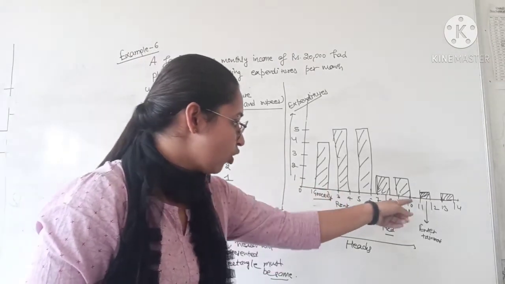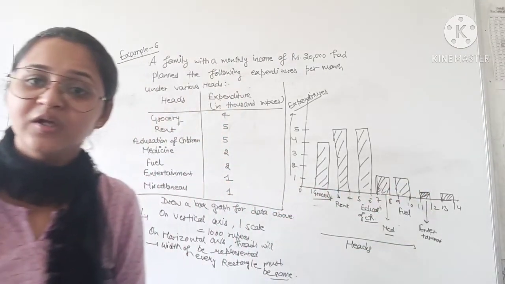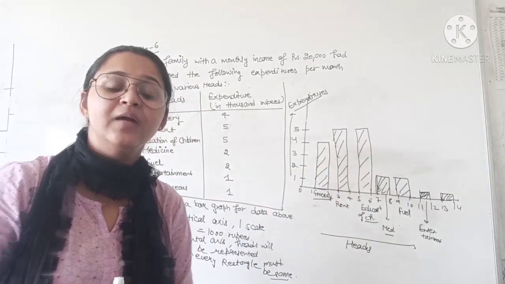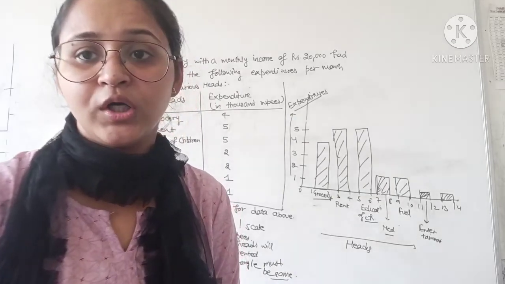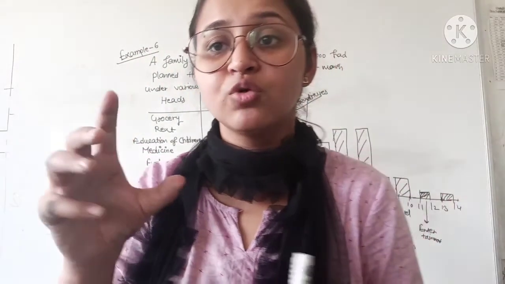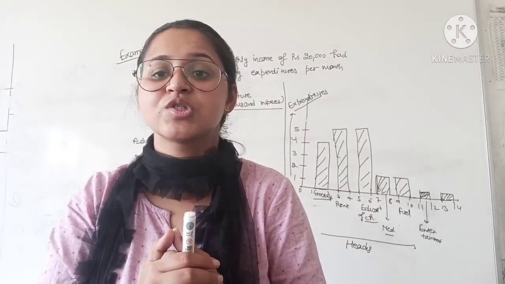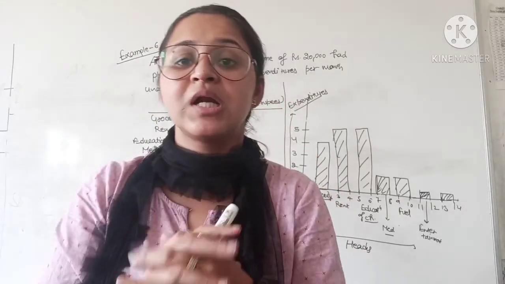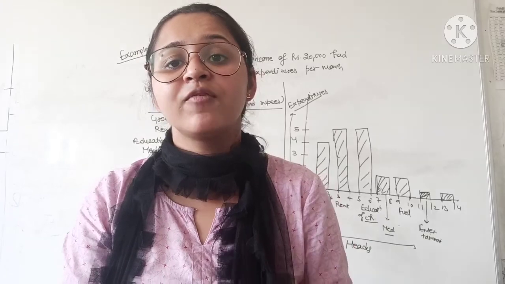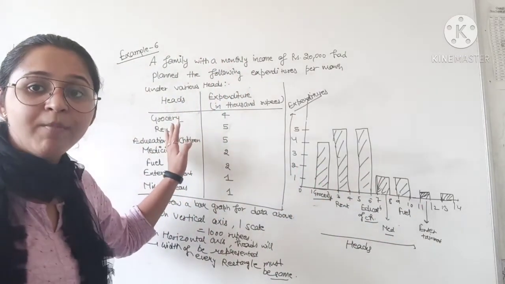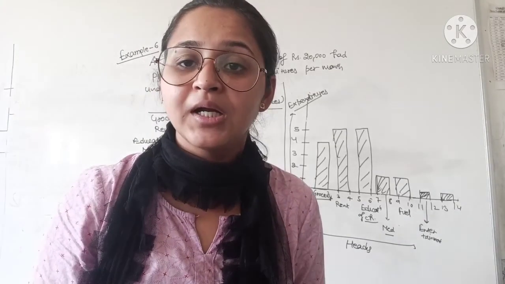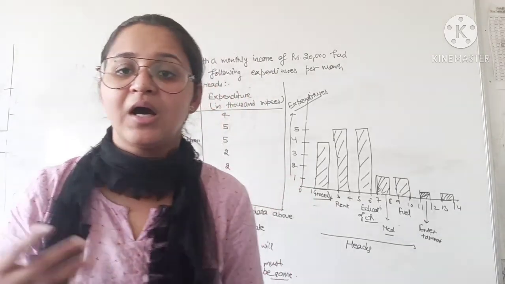If there is a continuous class interval, then we will not leave the gap and we will use the histogram. That is the use of a histogram. A histogram is for continuous class intervals, whereas a bar graph can be made from an ungrouped frequency distribution table, or simply when random data is provided.